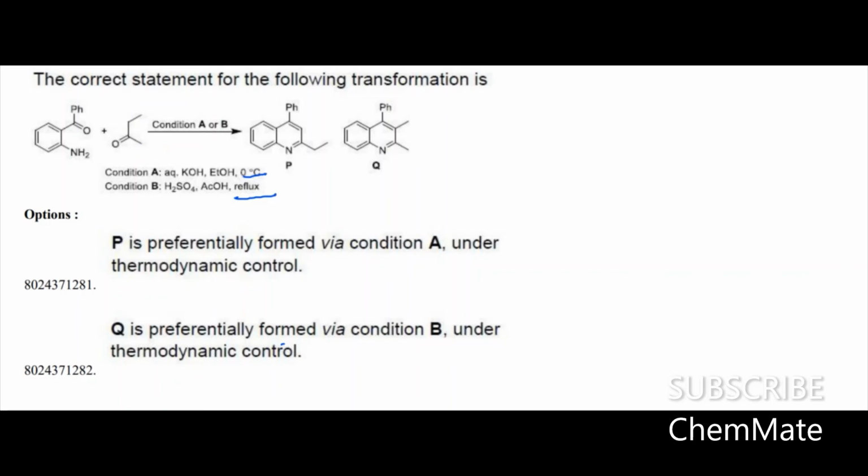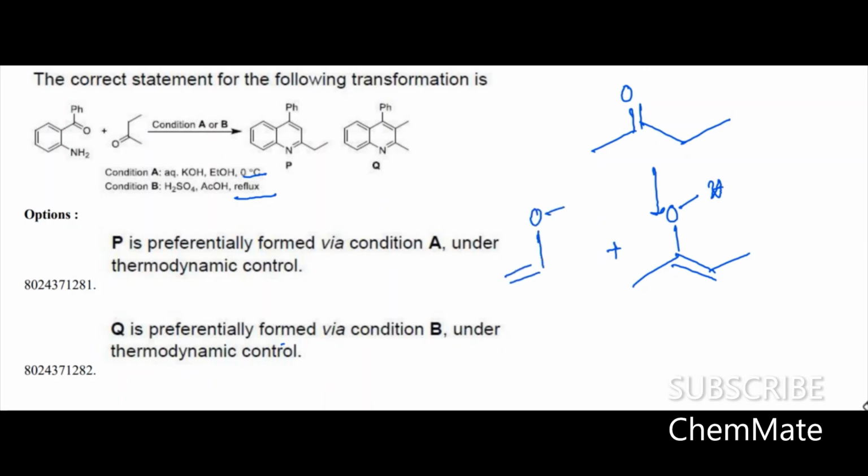Now, as we know, under thermodynamic conditions the reaction will proceed via the more stable enol formation. Now under thermodynamic condition this is the more stable enol, and another enol can be formed from this side.